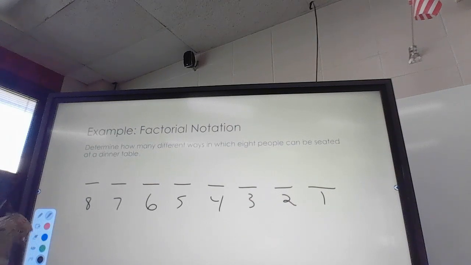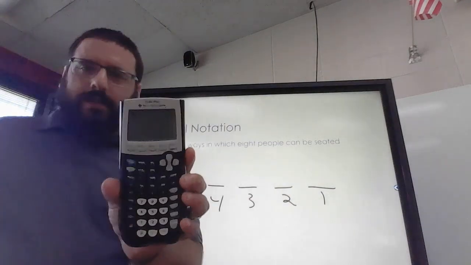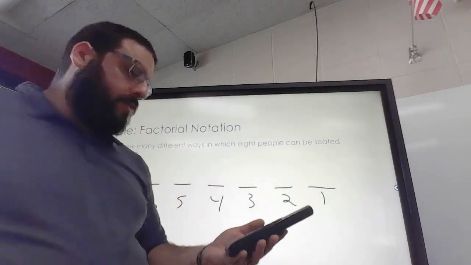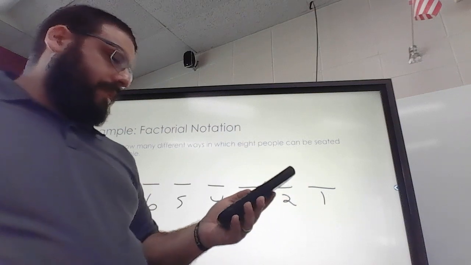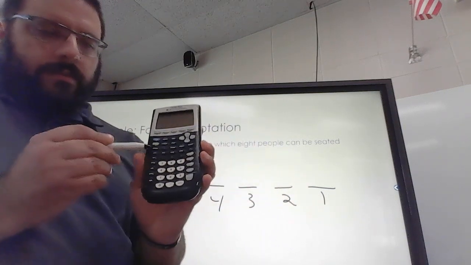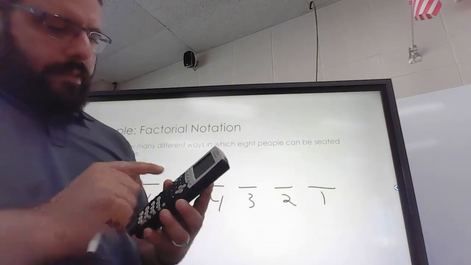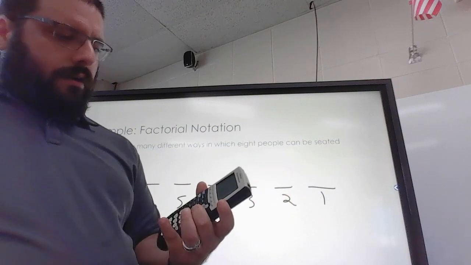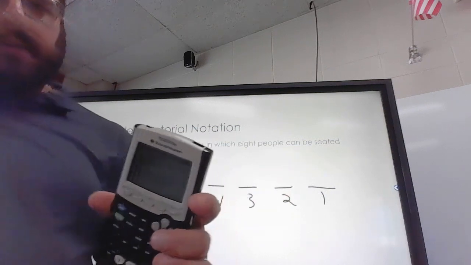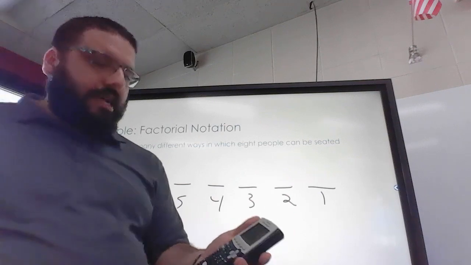Okay, so for factorial, if you're using a graphing calculator, I'll show you how to find it. If you press the math button here, and you scroll all the way to the right where it says probability, there are different options that we're going to use in this section.